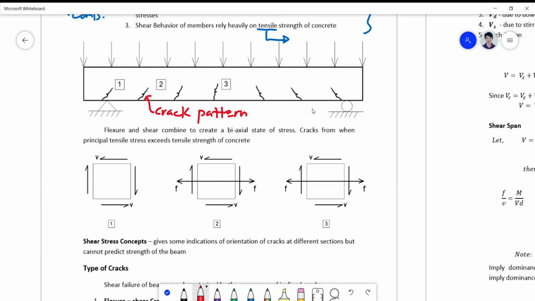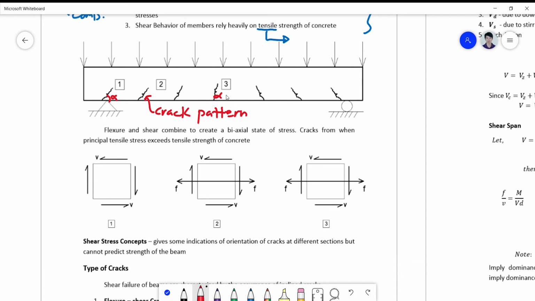If you look at the crack pattern now, you will notice that the crack, in terms of its inclination or the angle theta, or maybe alpha, as we are going to use later, seems to be increasing in magnitude, and at the midspan of the beam, it's almost 90 degrees.